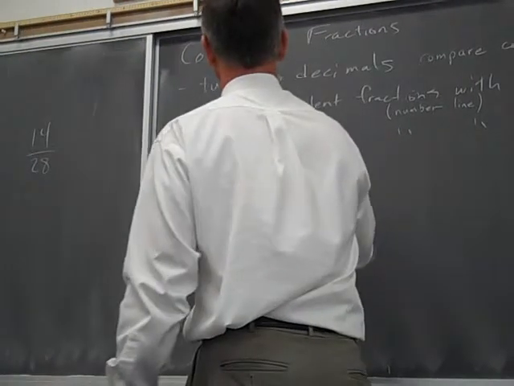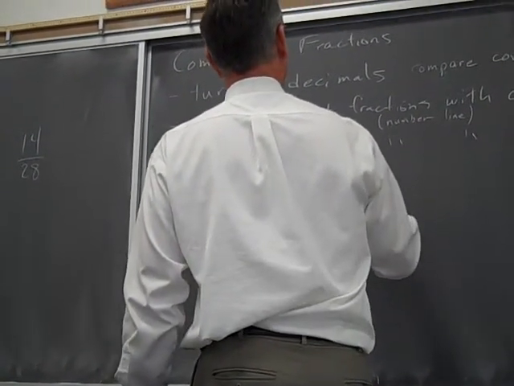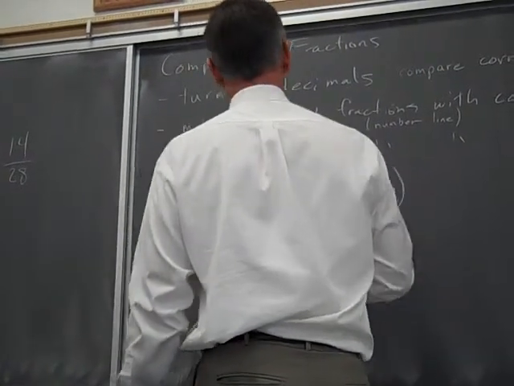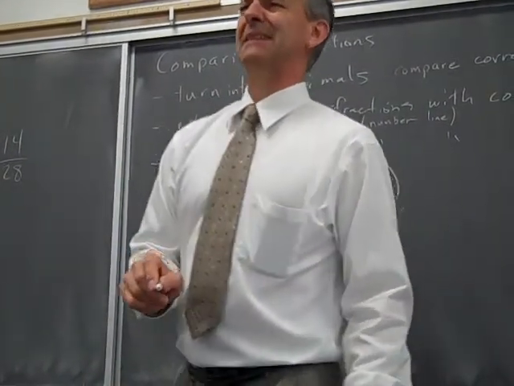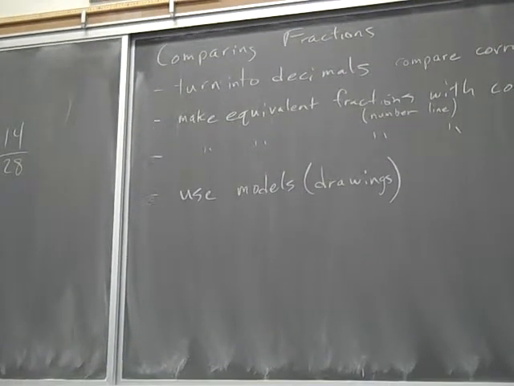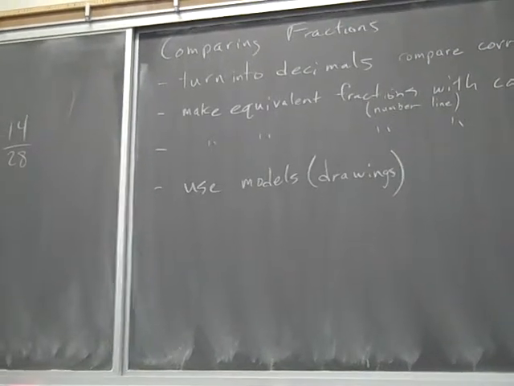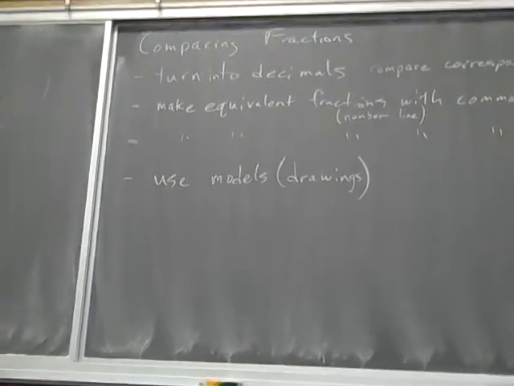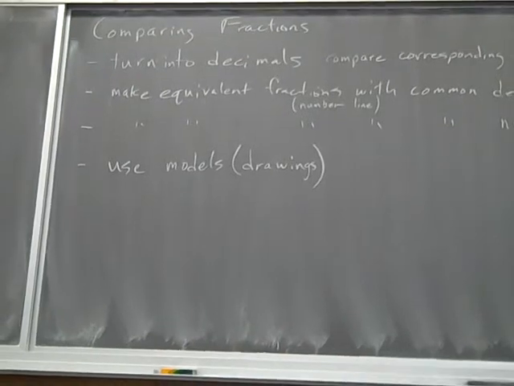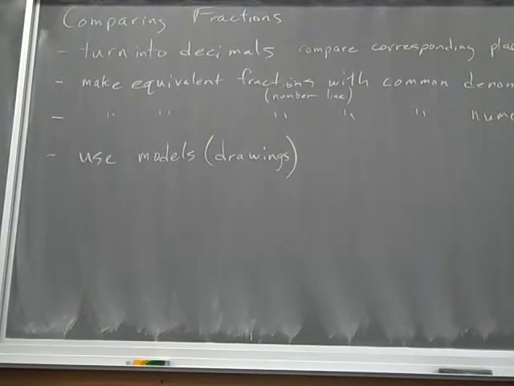Use models, and I'll include drawings on that, but sometimes that may not be too helpful. But it is a method, and I think you should use it with students, particularly if you've got some little plastic models of rectangles or circles or something like that. Let them compare it that way.